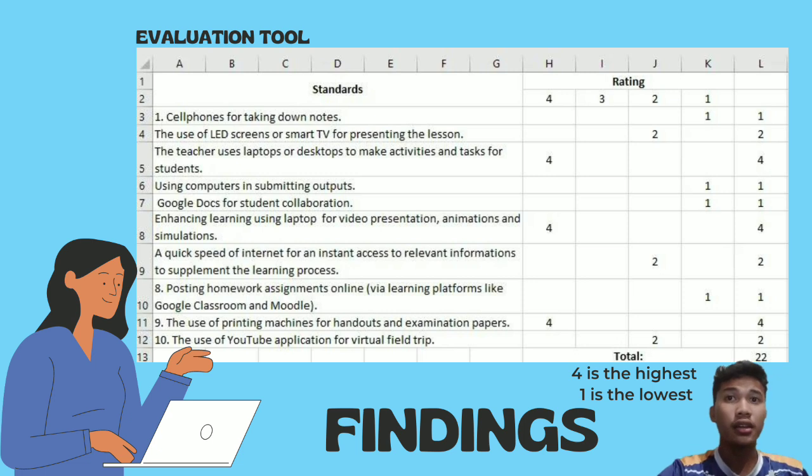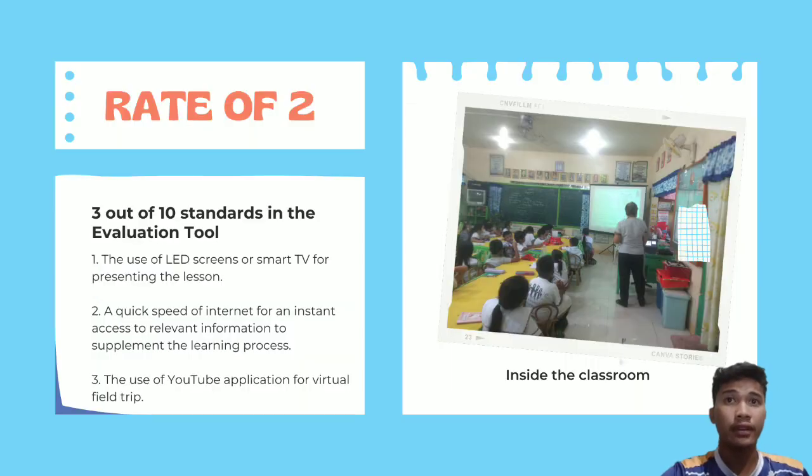Second, 3 out of 10 standards got the rate of 2, and these standards are the following. The use of LED screens or smart TV for presenting the lesson. Instead of LED screens, the teacher uses a projector to have a bigger screen for discussions and presentations.